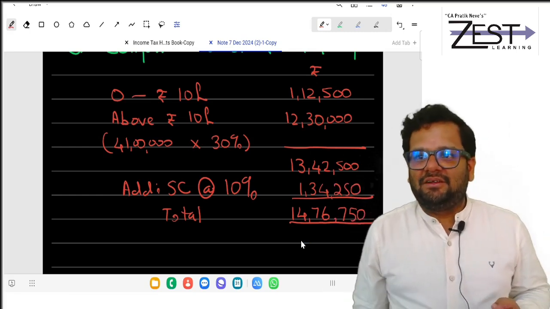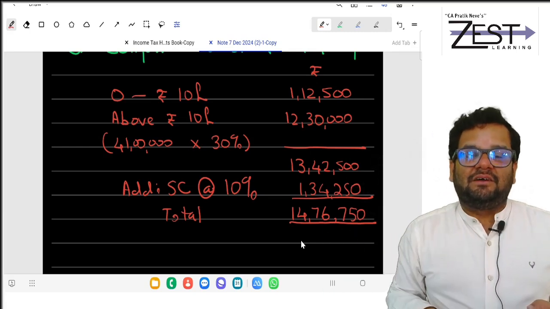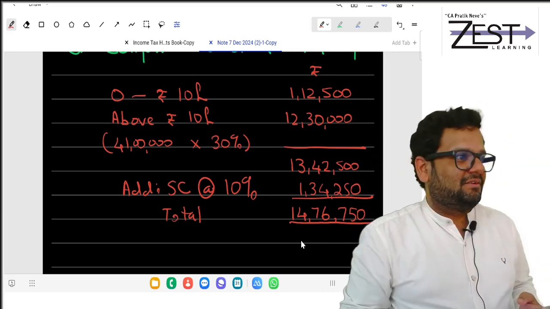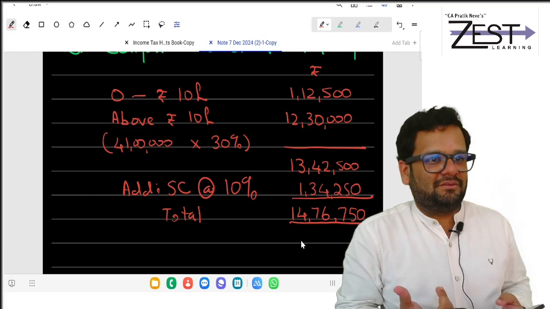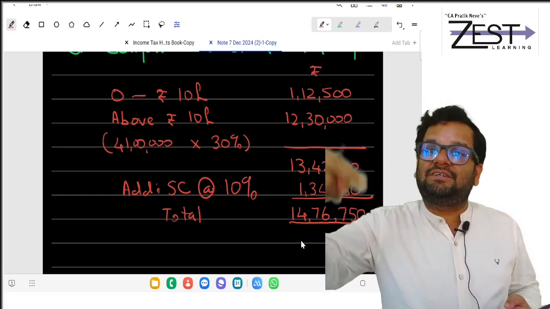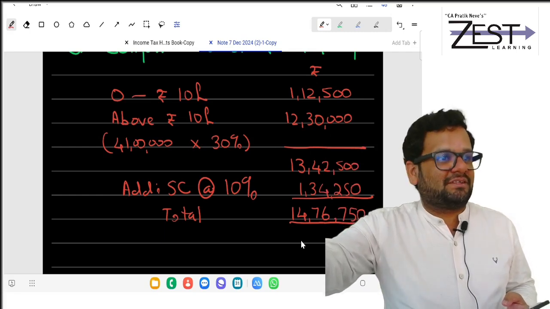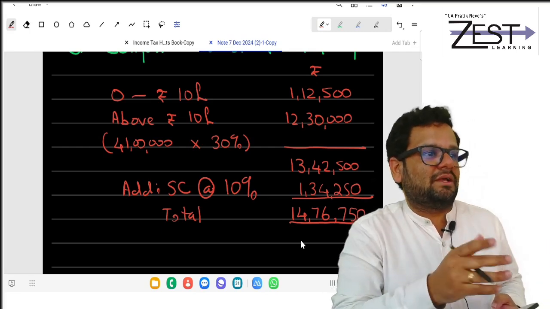You can't tell your payer to reduce your income either, because maybe next time you will get some percentage increment on that 51 lakhs. So you can't do it like that, right?